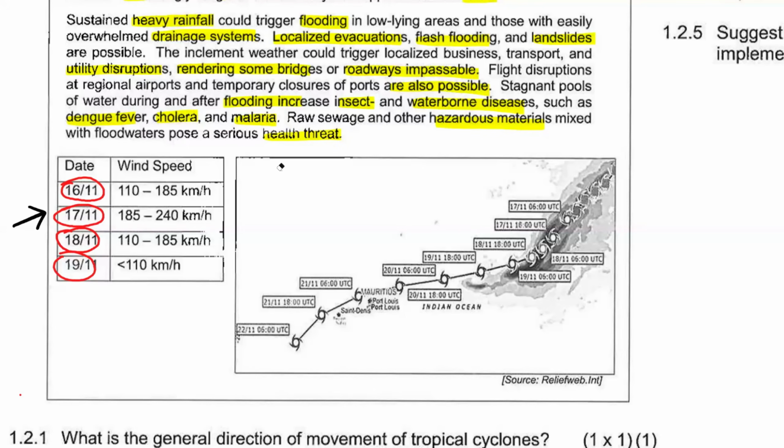They increase and then they decrease again, when they were inland. Okay, let's see Paul. The wind speed increases and reaches its peak on the 17th, and after the 17th it starts decreasing. Okay, awesome.